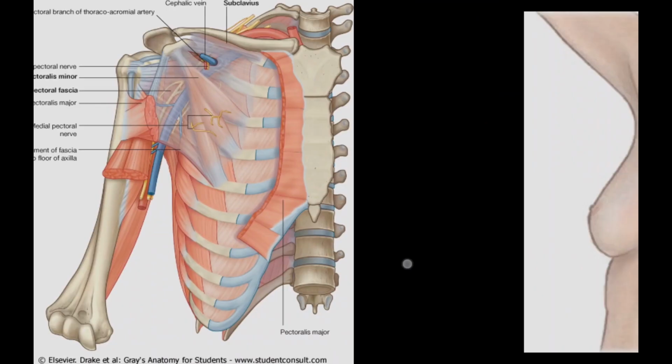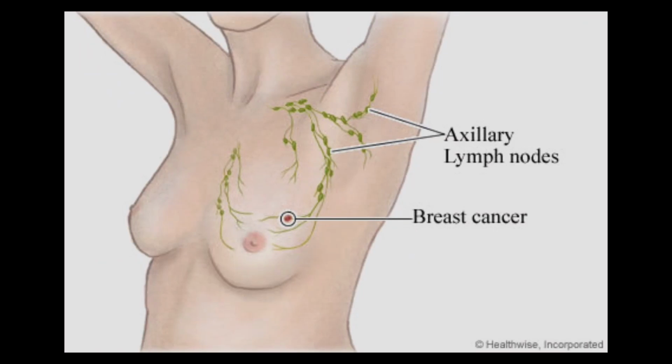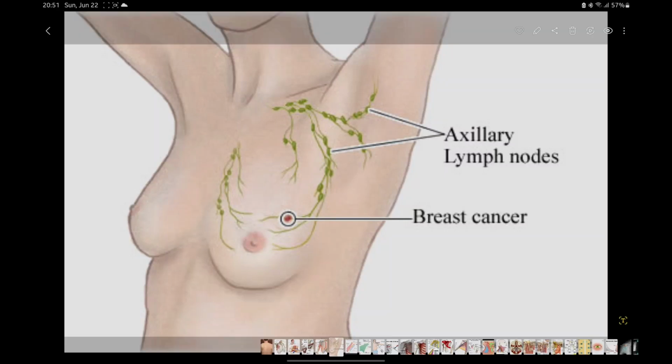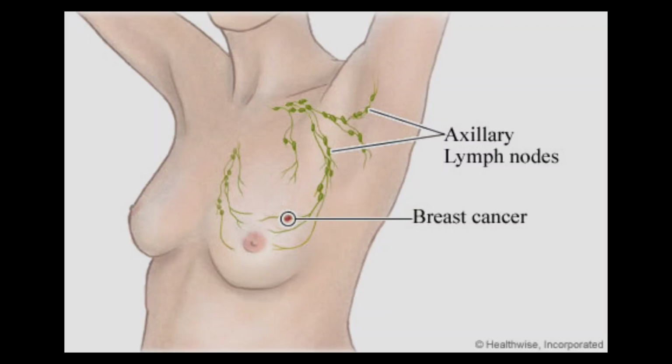Okay, so we read about the axillary lymph nodes over here, right? Say a person develops breast cancer. All of the lymph from the breast is going to drain into the axillary lymph nodes, right? So what happens if we want to do a biopsy of this breast? What if we want to see if the breast cancer has spread to any other regions of the body?